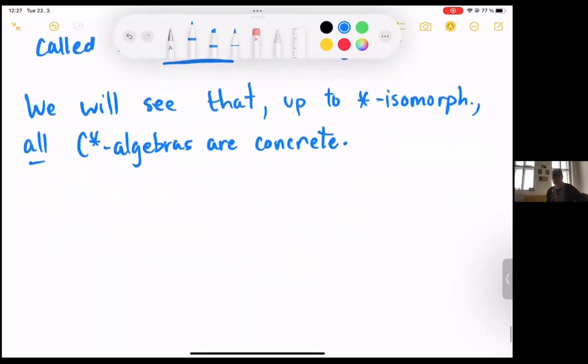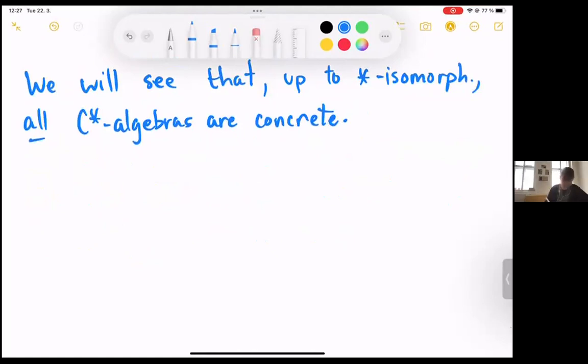And to do that, we need to talk about functionals and representations.